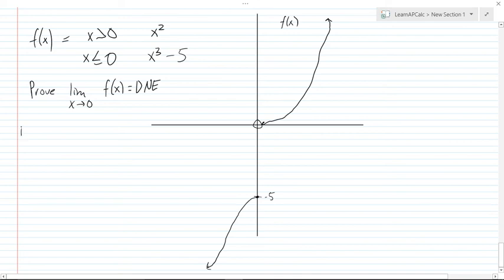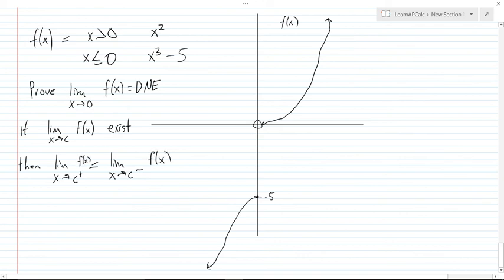We can say that if the limit as x goes to c of f of x exists, then the limit as x goes to c from the right equals the limit as x goes to c from the left of f of x. Yeah, important that you put in f of x.